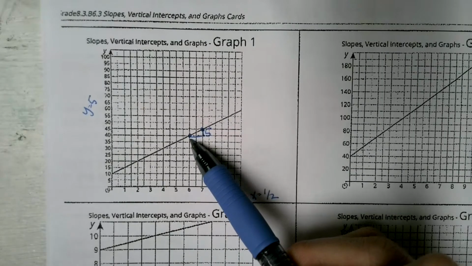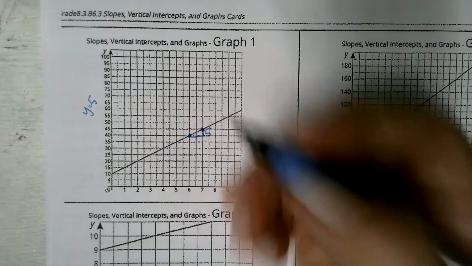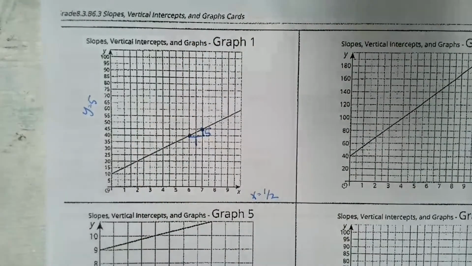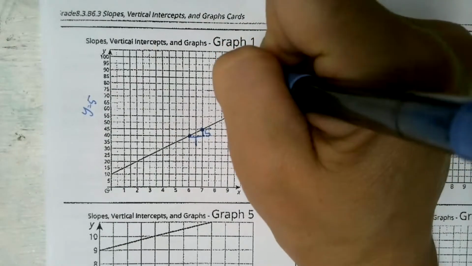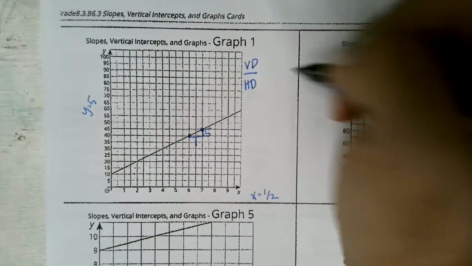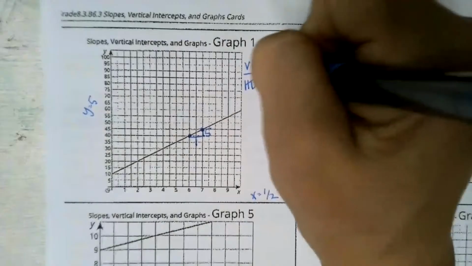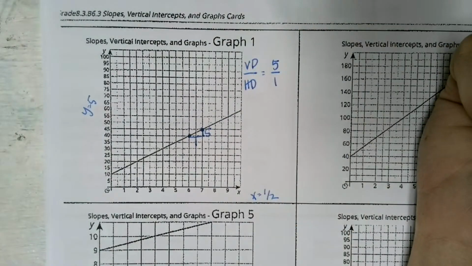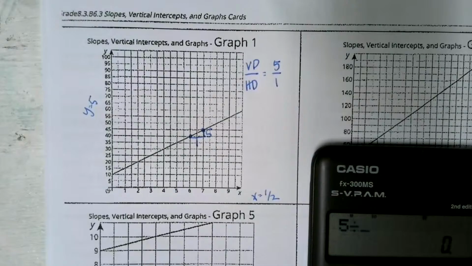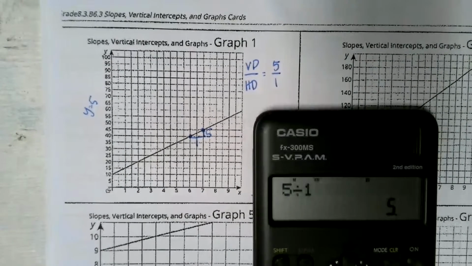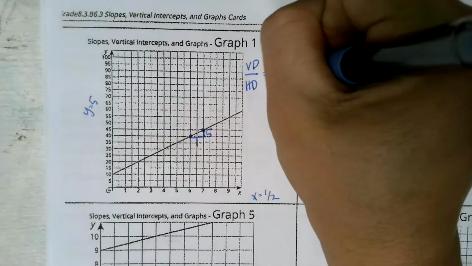So this is 1/2 and 1. So to find the slope, I would say vertical distance divided by horizontal distance. My vertical distance is 5. My horizontal distance is 1. So if I type that in my calculator, 5 divided by 1, I'm going to get 5. So my slope for this situation is 5.